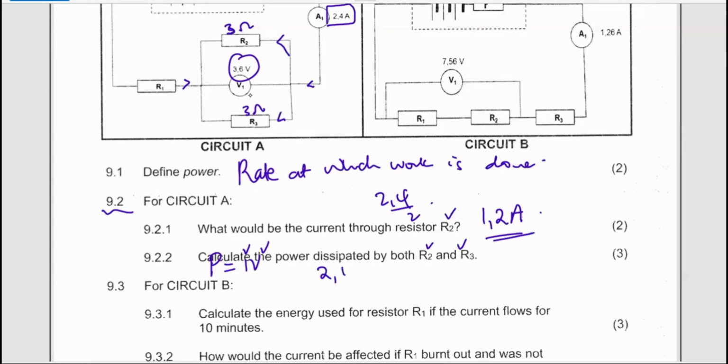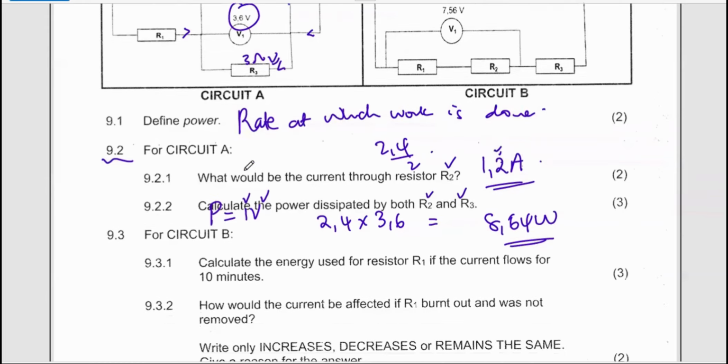So it's 2.4 multiplied by 3.6, which gives me 8.64 watts. You can use other approaches, looking at the individual power, since the current is 1.2 and 1.2, and then add them together. You should get the same answer.